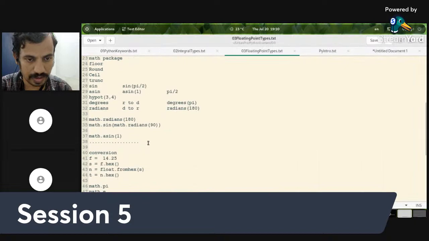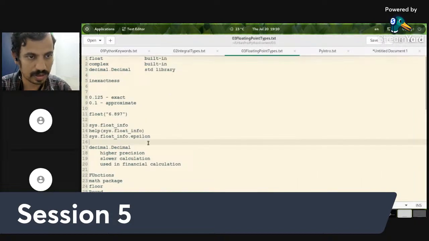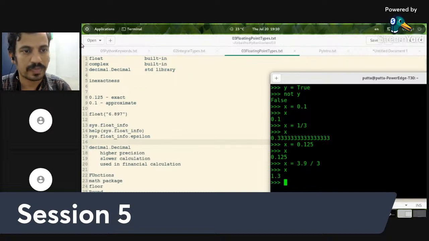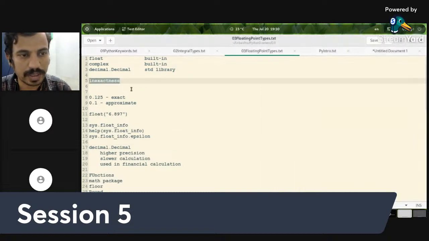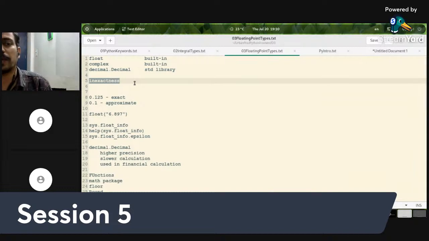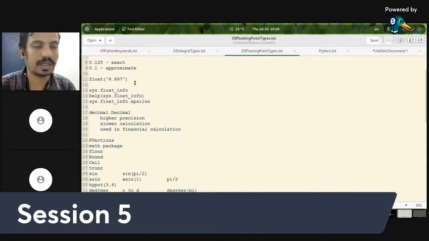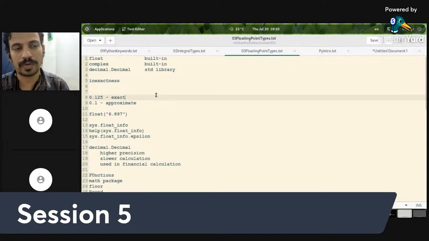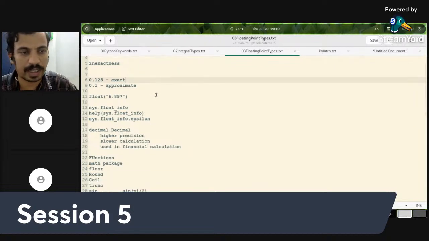I will come to this inexactness later. I will give an actual example of how the values are stored approximately rather than absolutely.